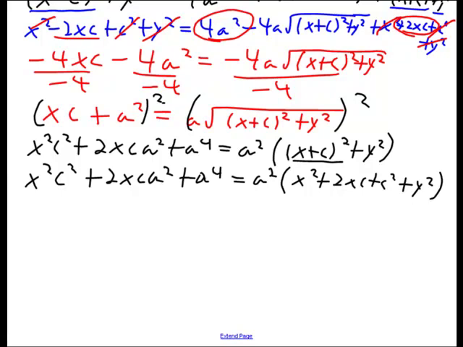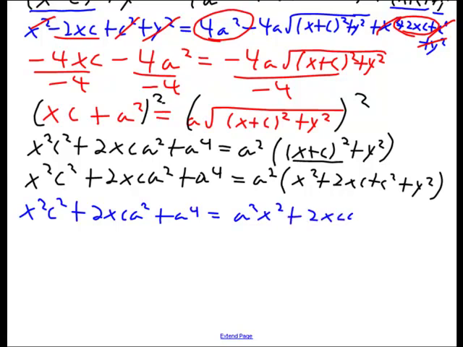And if we multiply through, leaving the left side alone, it's x squared c squared plus 2xc a squared plus a to the fourth, equal to a squared x squared plus 2xc a squared plus a squared c squared plus a squared y squared. So now what can we do to try to simplify from here?